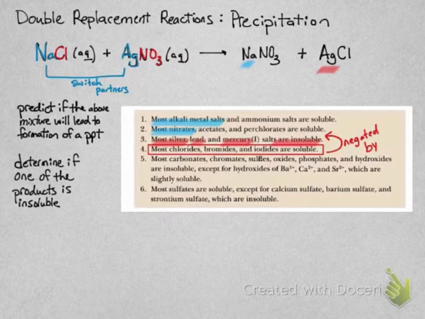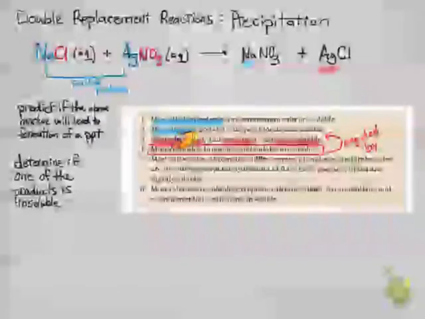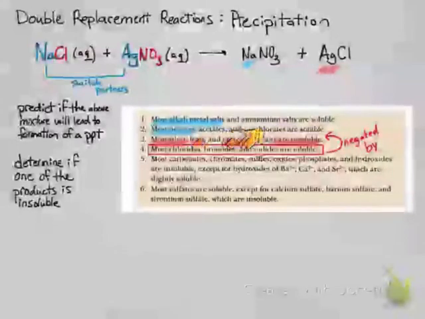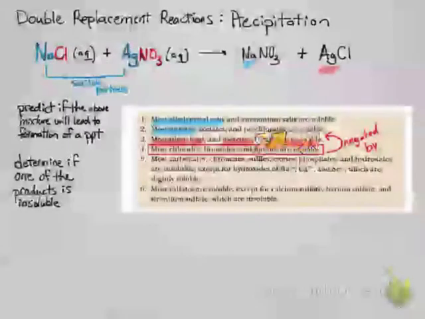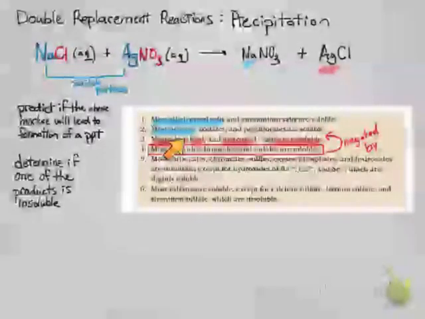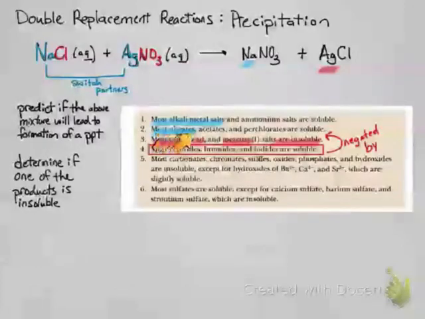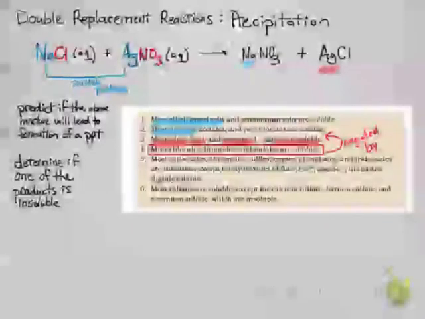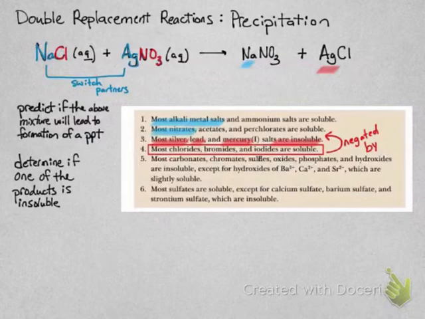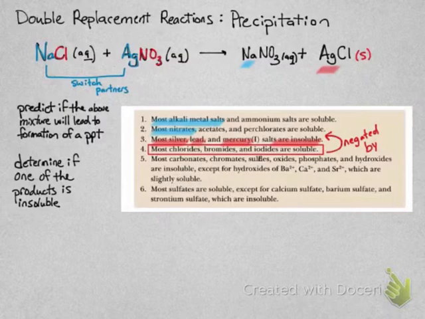Because number 2 here shows that most nitrates, acetates and perchlorates, are soluble. So that rule negates the next one down. In other words, silver is insoluble except when combined with nitrates, acetates, and perchlorates. So let's write those in, and that's the completed reaction.